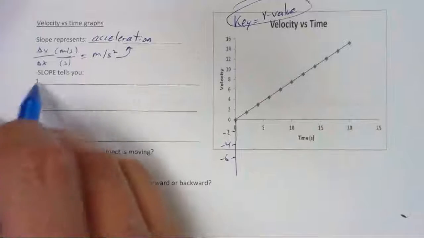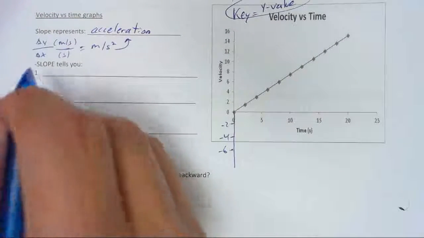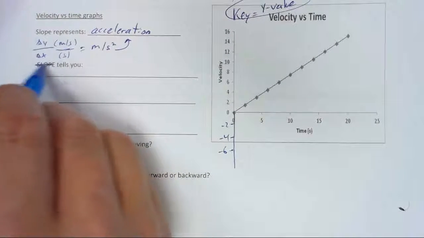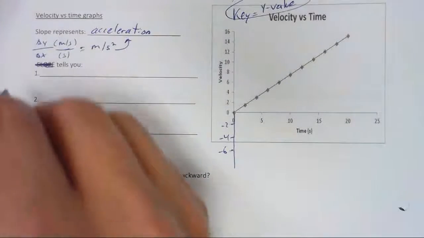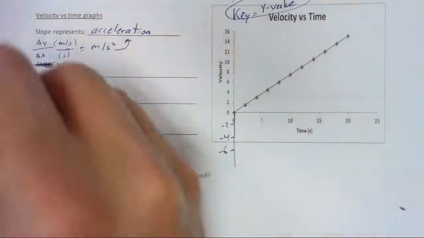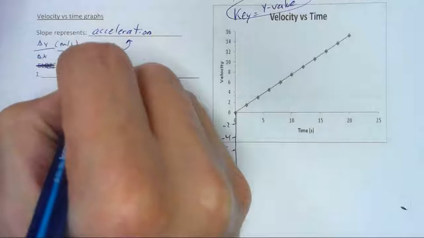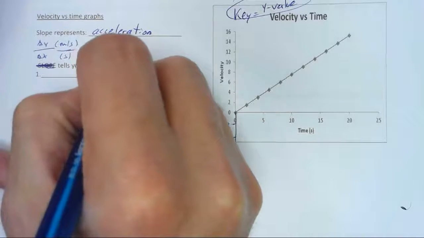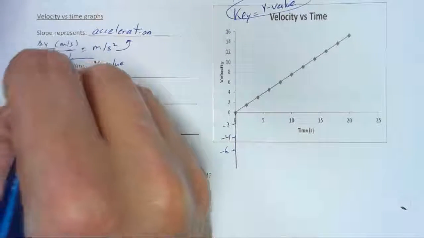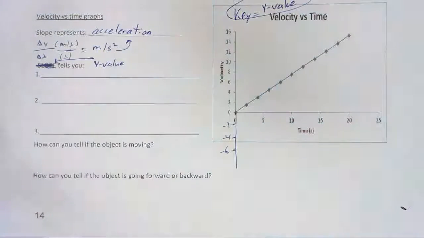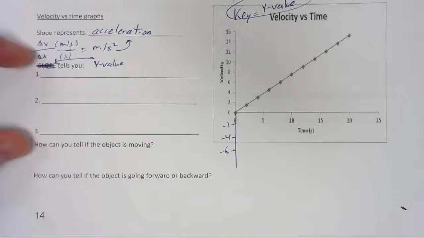Because we're looking at the y value, actually these questions aren't going to give us much information. So we're going to scratch out the word slope. And instead of looking at what the slope tells us, I want to know what the y value tells us. So the y value is going to give us three important pieces of information.